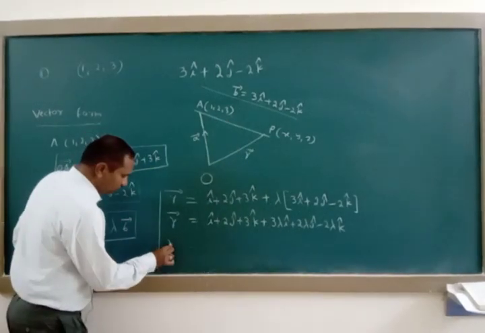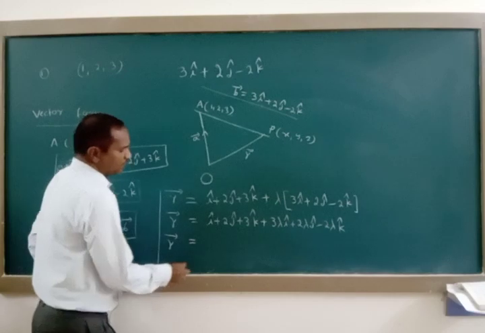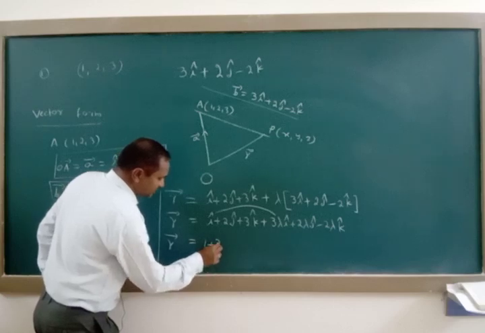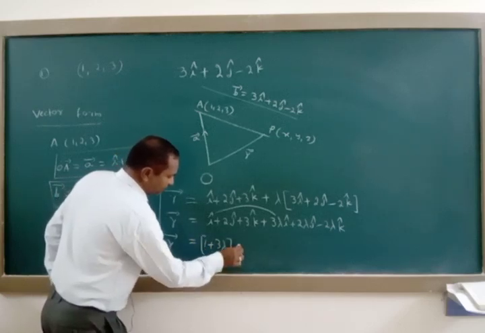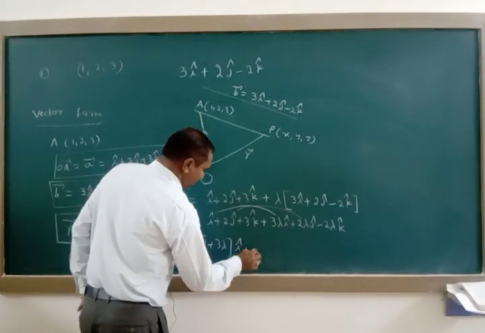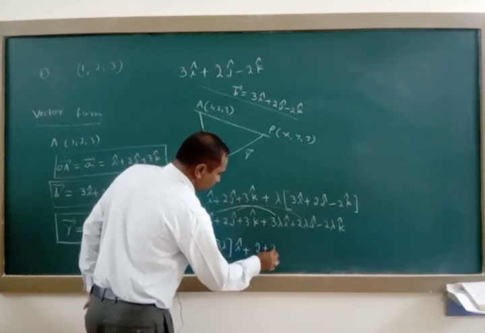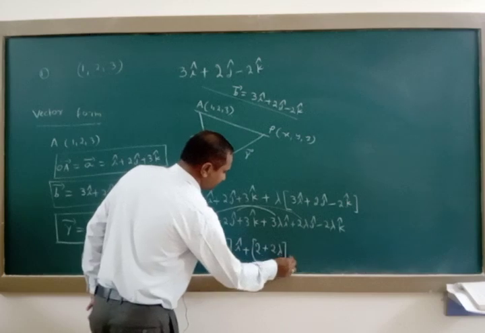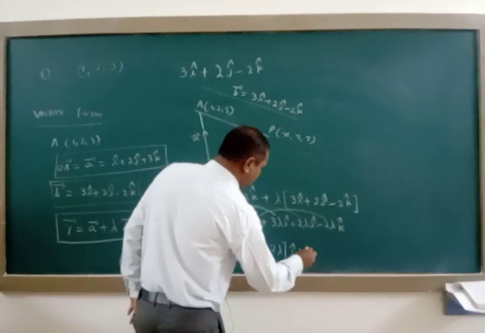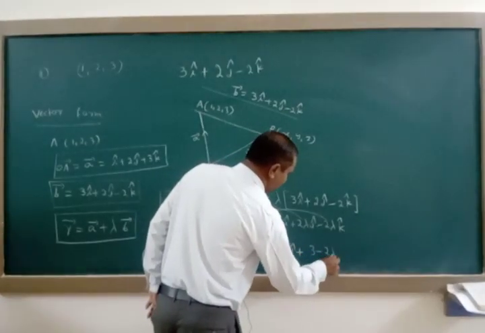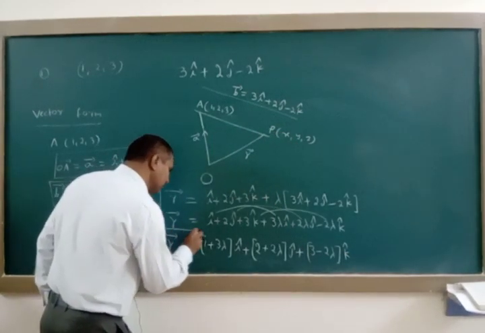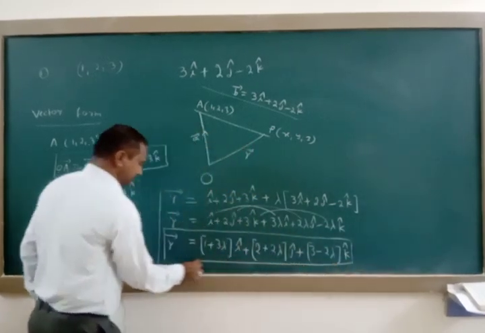Then you will get R vector equals (1 plus 3 lambda) i cap, plus (2 plus 2 lambda) j cap, plus (3 minus 2 lambda) k cap, which is the vector form of the equation of the straight line for the given question.